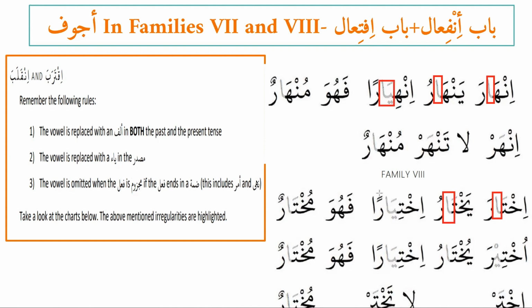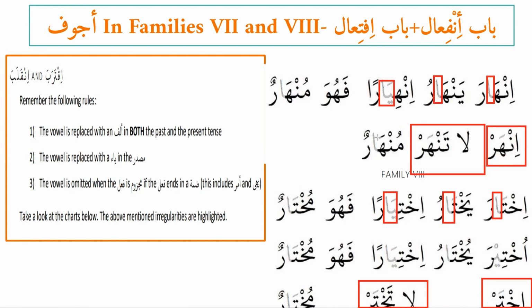Inhiyaran, ikhtiyaran. And vowel is omitted when the fail is majzoom, in the group which ends in dhamma. So ikhtar la takhtar. Sorry, it's very low on the slide. And in family 7 it is inhar la tanhar.